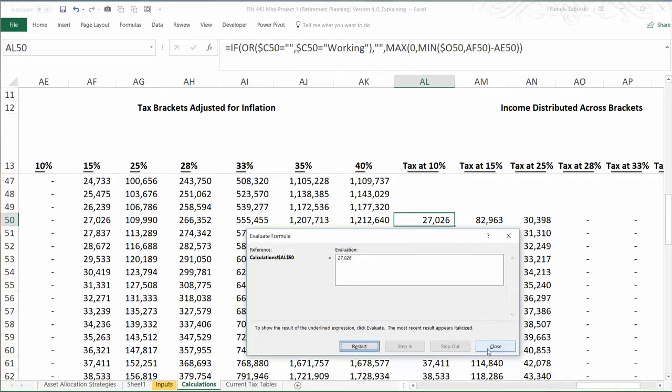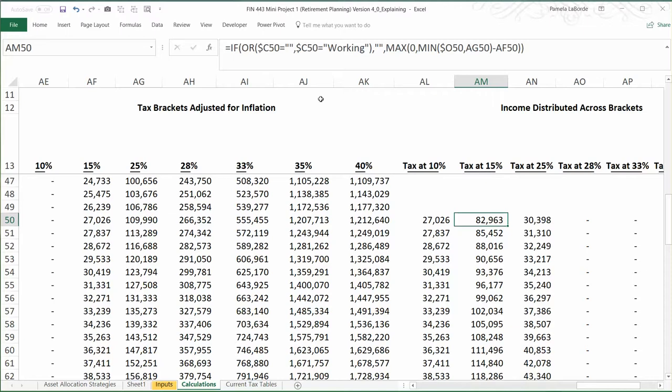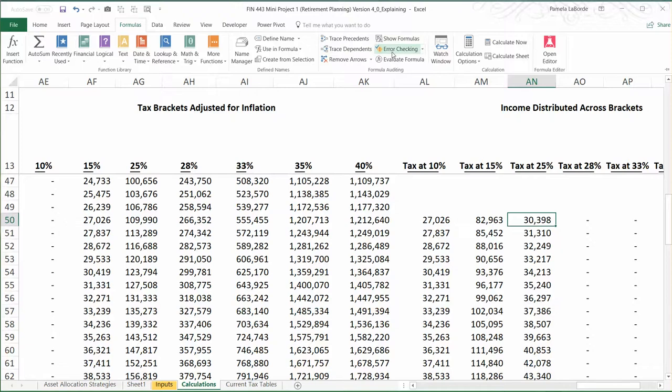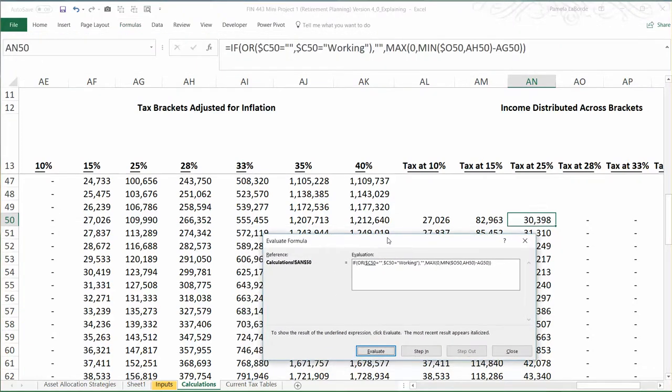But there it is. And I'm going to do this last one for this particular year because that's where it gets a little more interesting. So I'm going to evaluate my formula again. Again, it's just checking to see if they're alive or working or retired.